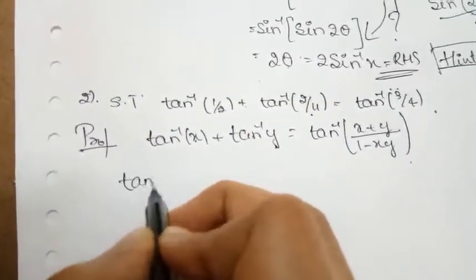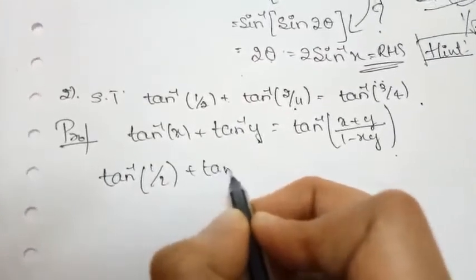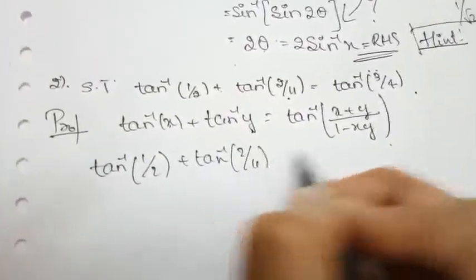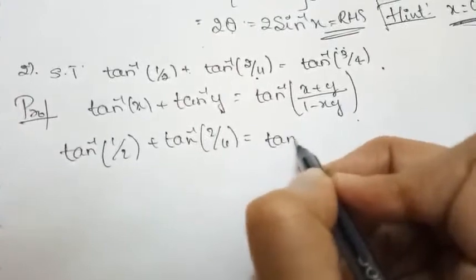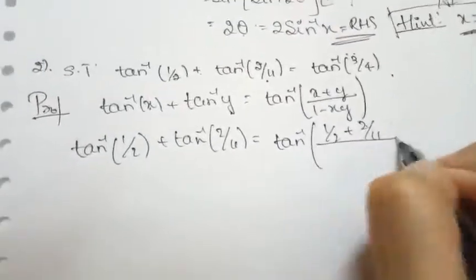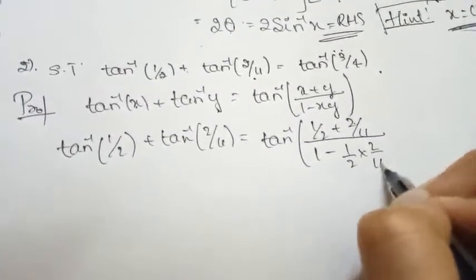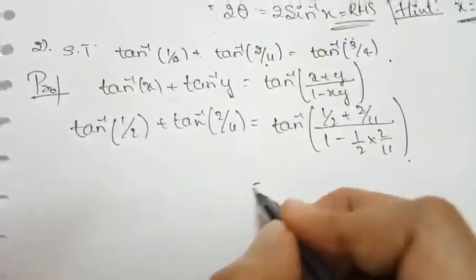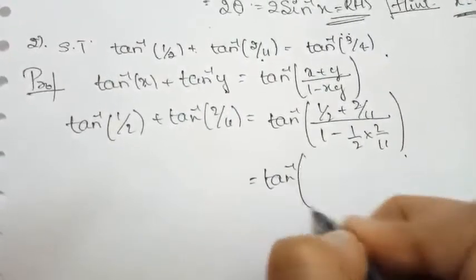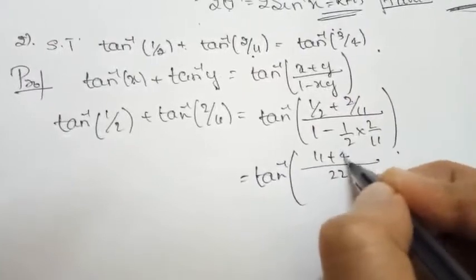So take that one. Considering LHS, tan inverse 1 by 2 plus tan inverse of 2 by 11. What happens? That is nothing but tan inverse of 1 by 2 plus 2 by 11 divided by 1 minus 1 by 2 into 2 by 11. So what happens in the numerator? Taking the LCM, it is 22, 11 plus 4.